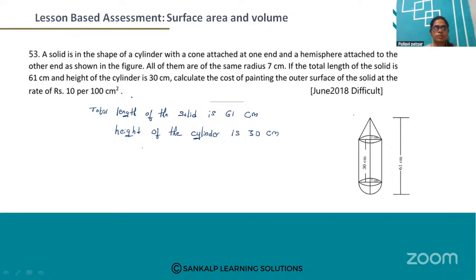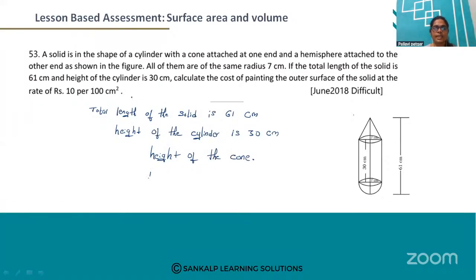So here the total length of the solid means the sum of the height of the cone, the height of the cylinder and the height of the hemisphere. This height of the hemisphere is equal to the radius. So let us take the height of the cone. We don't know the height of the cone.